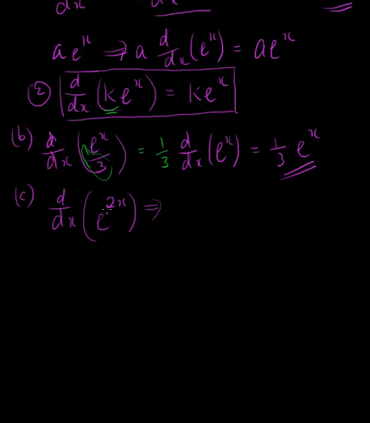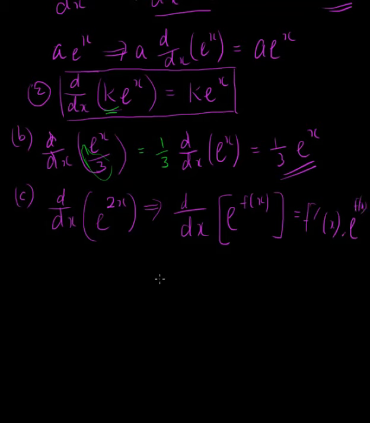The differentiation of e to the power of some function, in this case it's 2x, f of x, is equal to f dash x times e to the power of f of x. Okay, so in other words, let me rewrite that.